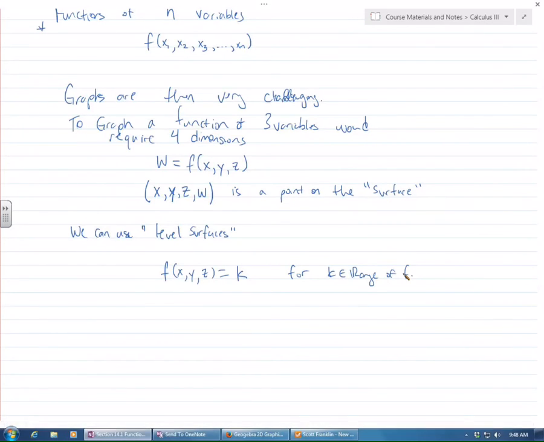So instead of connecting points on the plane of fixed height, you're going to connect points in the space of like output. I'll bring some pictures back on Monday to show you what some of these level surfaces might look like.